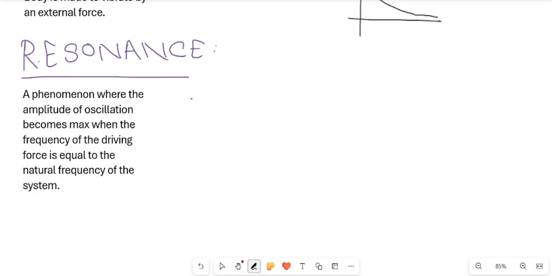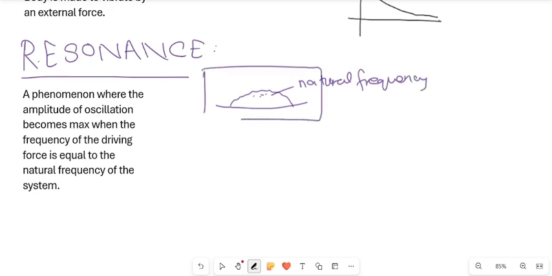Let me give you a very simple example. Let's say you have food on your plate, and when you place that food in the microwave, you'll see how the food particles have natural frequency. And then when you place it in a microwave, the microwave has a driving frequency.